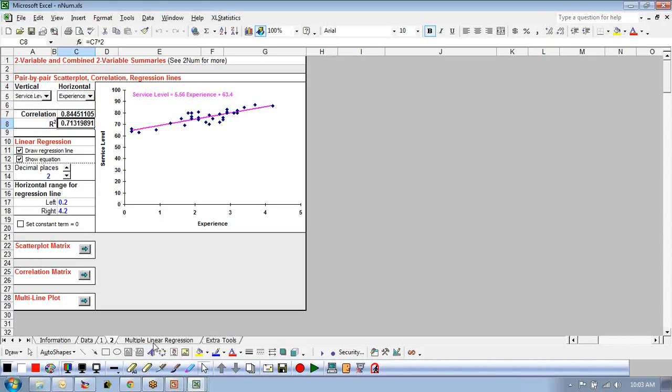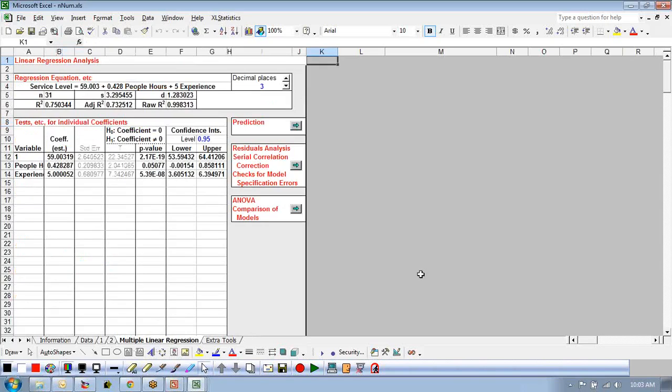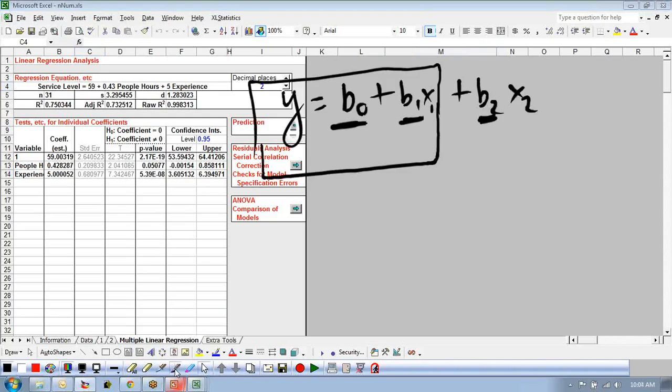By going on the tab to multiple linear regression, we can see essentially Excel stats fit and what that equation is. Okay, so it predicts that our B0, y equals B0 plus B1x1 plus B2x2.